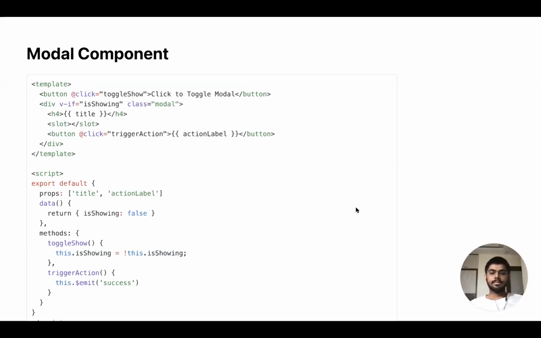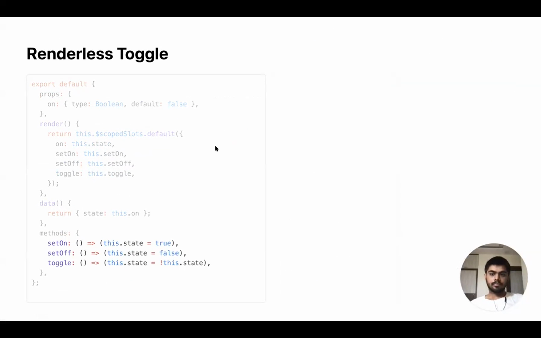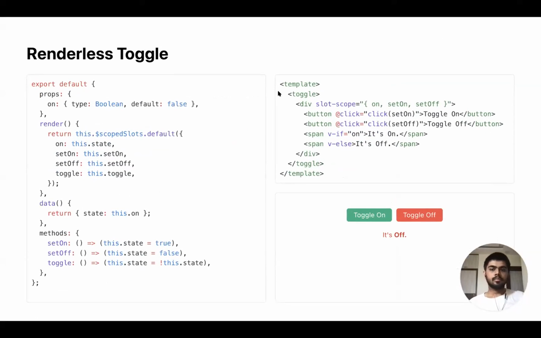Hi. I have two questions regarding the renderless component. Sure. The first one is which component is actually controlling the style of the scoped slots? Is it the parent who uses the renderless component?